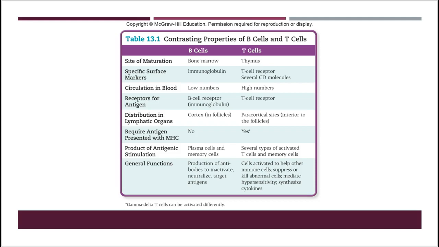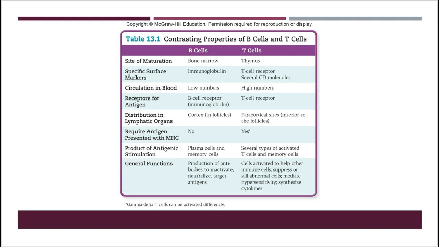Each of these lymphocytes also have different functions. B cells are primarily responsible for production of antibodies that are going to inactivate, neutralize, or target antigens so that they can be removed from the body. T cells, their job is to activate and help other immune cells. They can also suppress or kill abnormal cells.